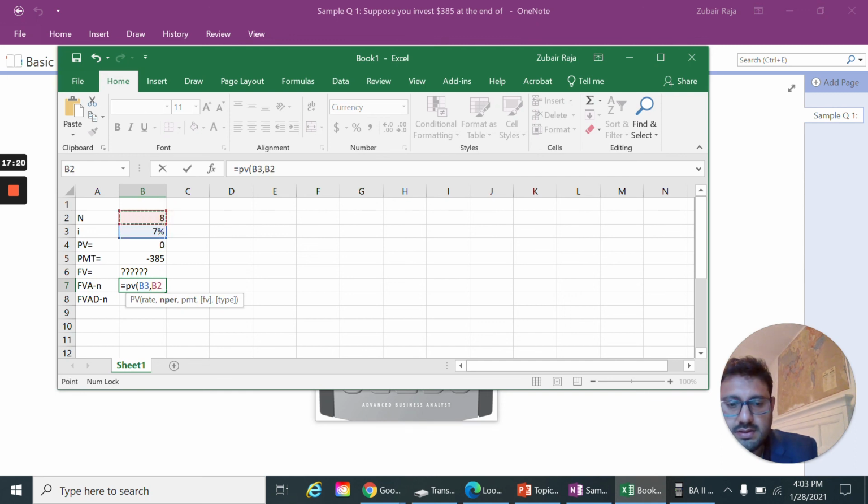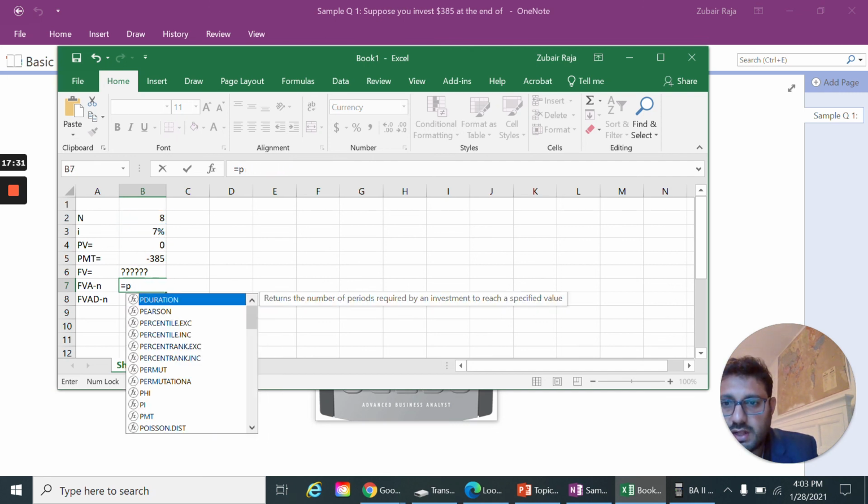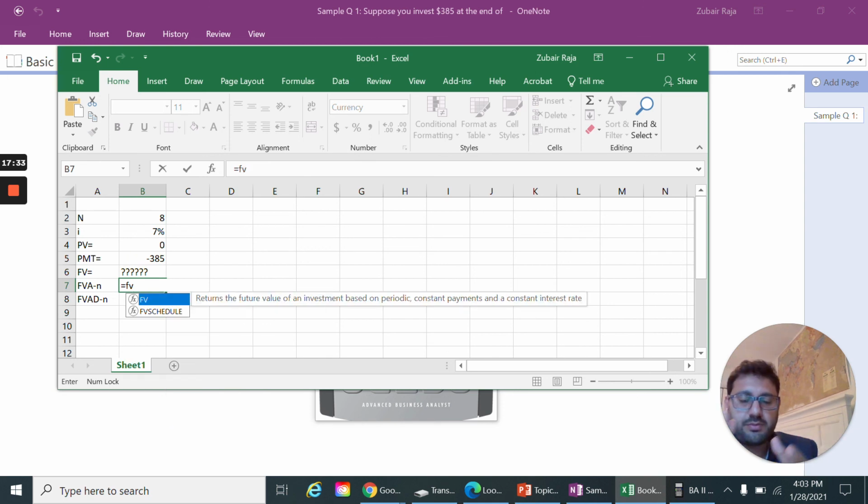Number of time periods 8. Payment is minus 385. Sorry, it should be the future value rather than present value. Right now I'm trying to find the future value of this annuity, the worth of this stream of equal cash flows at the end of the 8th period. So future value I have to find.